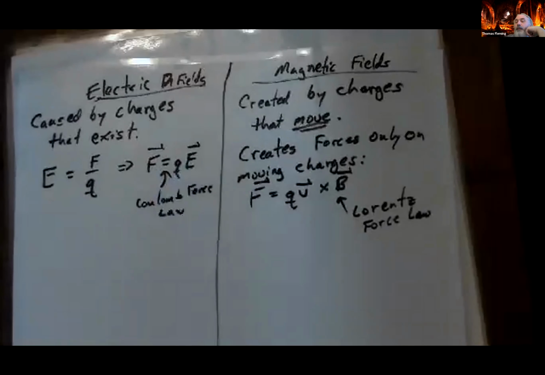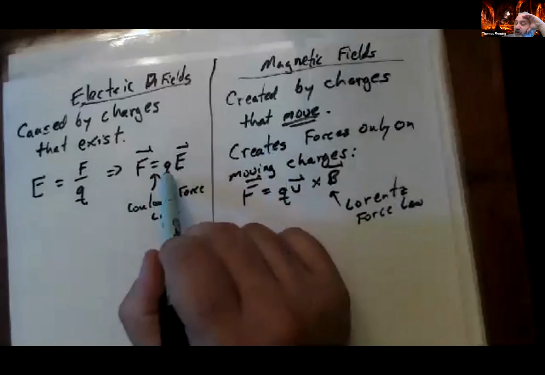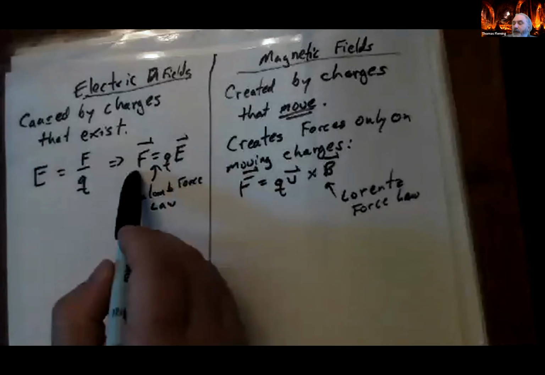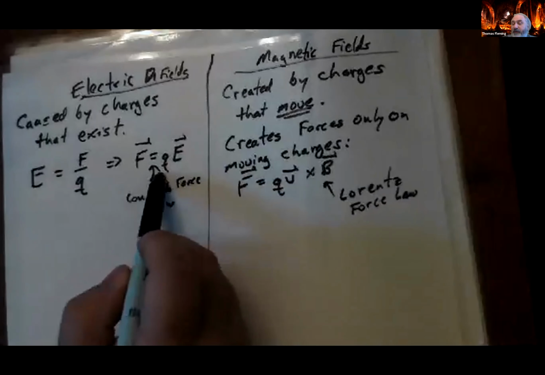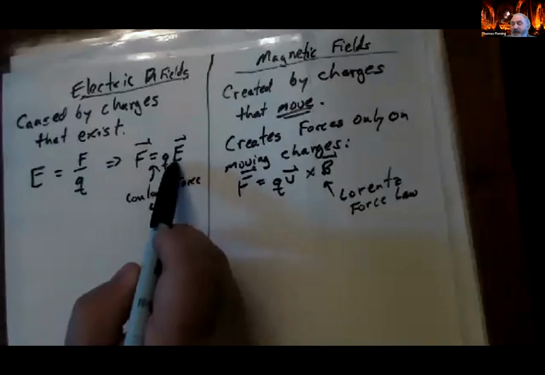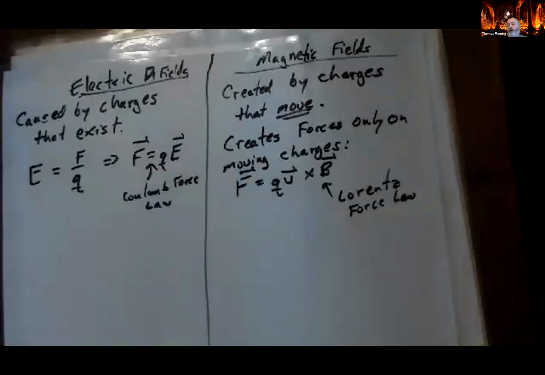And we know from last semester what happens when I multiply a scalar times a vector. It causes that vector to stretch or compress, but doesn't change the direction at all. And that means that in the case of the Coulomb force law, the force felt by a positive charge is going to be the same direction as E, right? Because if Q is positive, I multiply by E, the vector I get for F will point the same direction, but it might be longer or shorter.